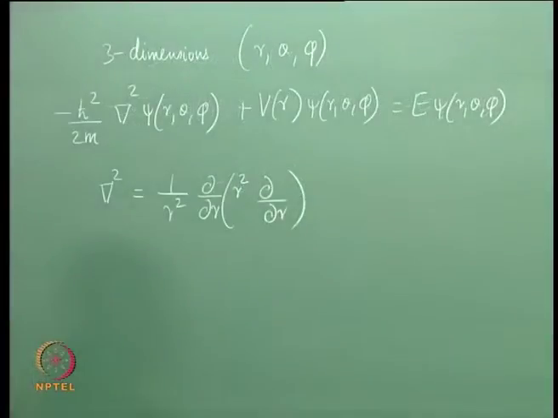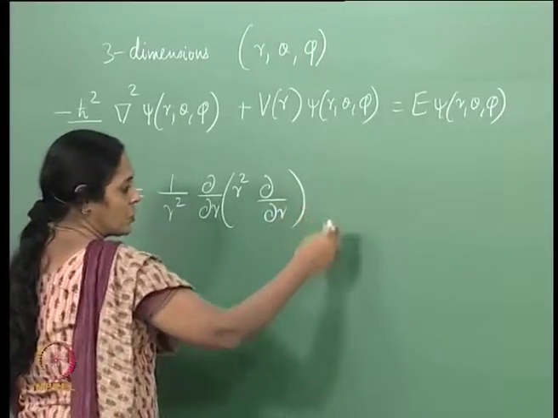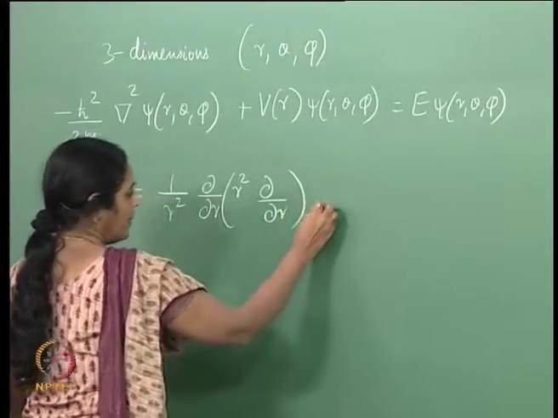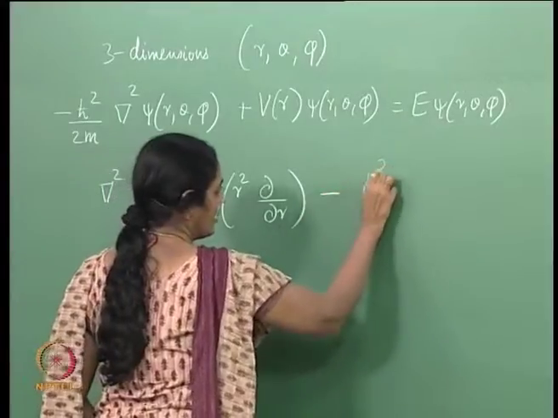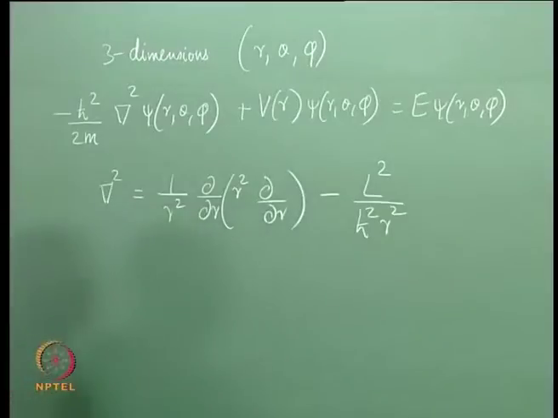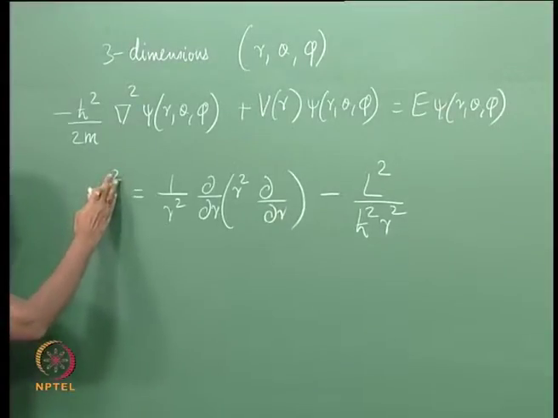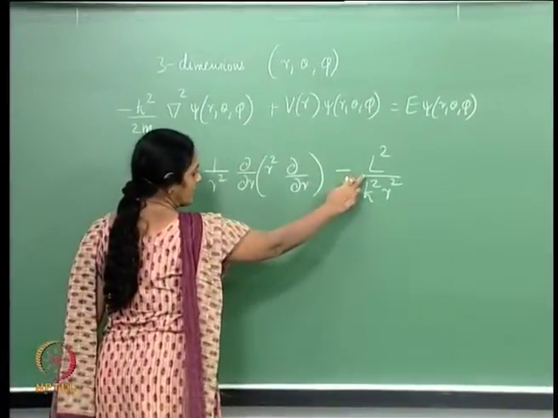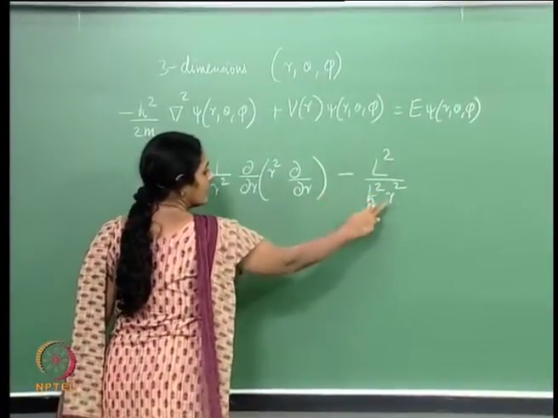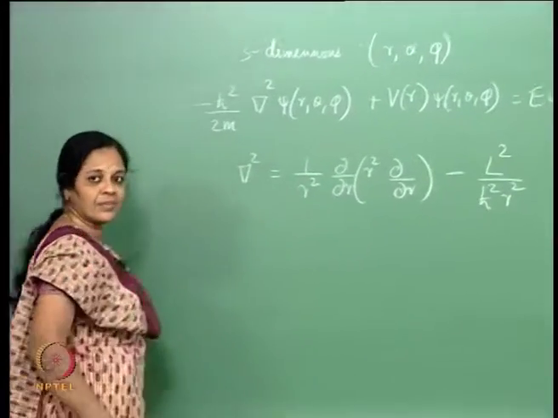Then there is an operator dependence on theta and phi that can be written as minus L squared by h cross squared r squared. We explicitly wrote out del squared in spherical polars and identified L squared by h cross squared r squared to be the rest of this, the angular part.